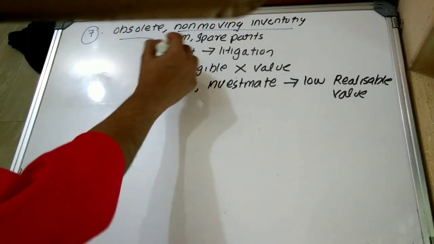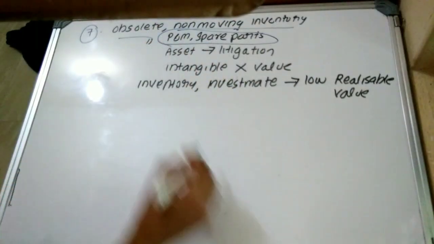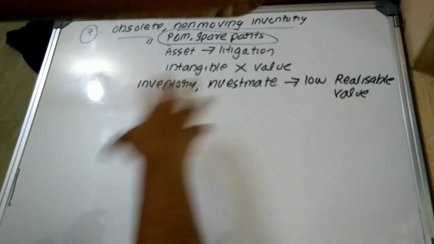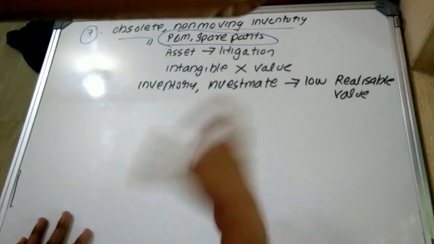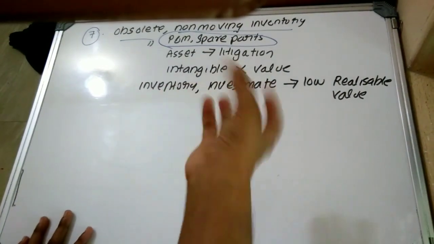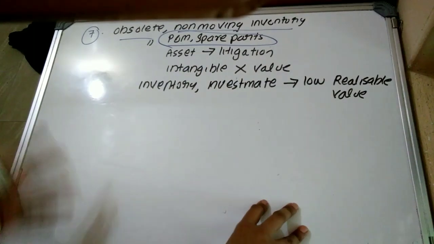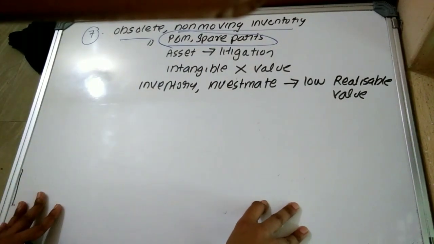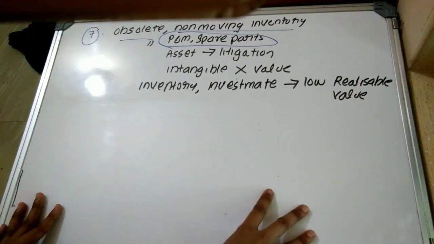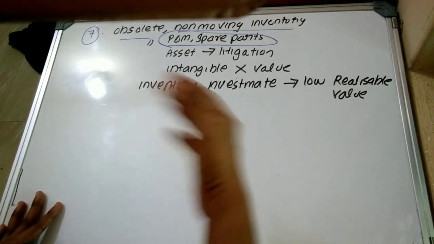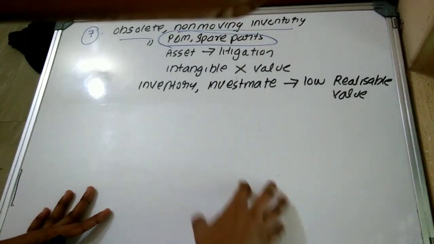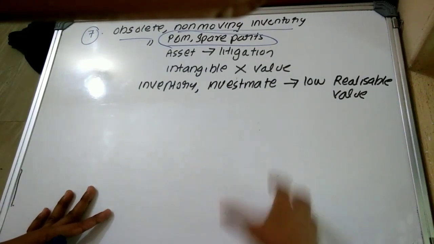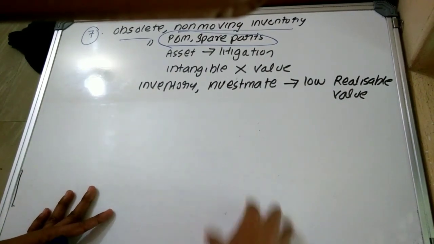Then determine obsolete and non-moving plant and machinery and spare parts, which are not giving any benefit, or any future economic benefit from these plant and machinery and spare parts, but the same has been provided in the financial statement. So these also give overvaluation of the plant and machinery, and this may affect the financial position as well as the profit and loss account by providing depreciation.